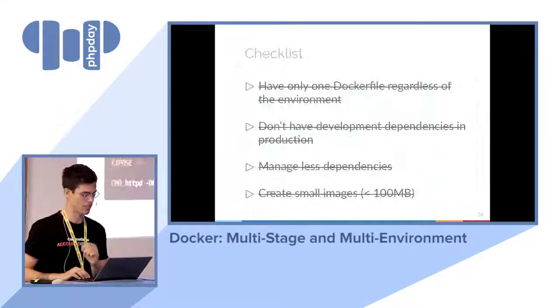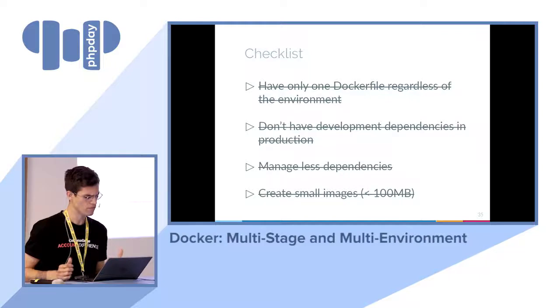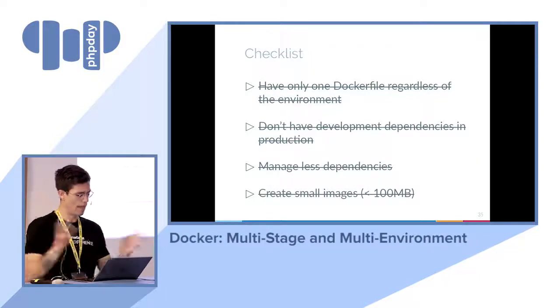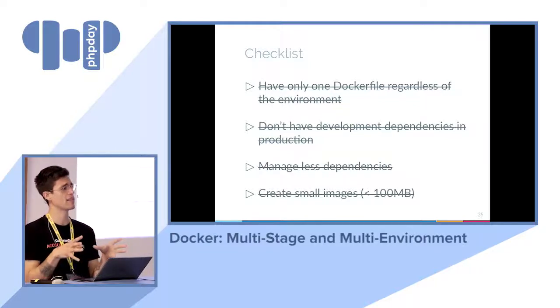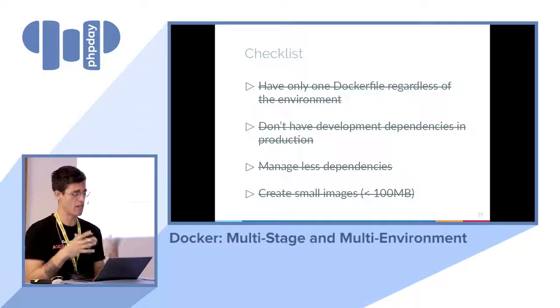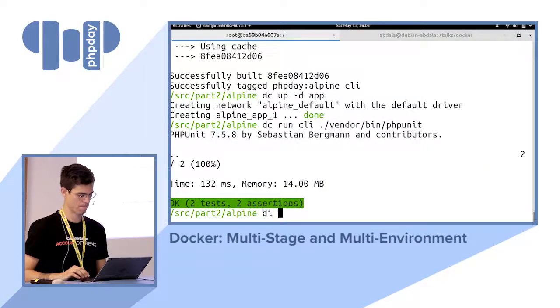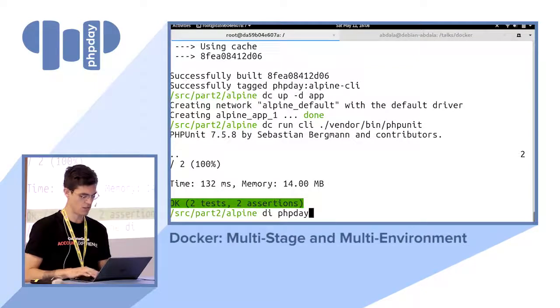And let's check our checklist. Now, my checklist is complete. Like, we are managing fewer dependencies, and all the dependencies are explicit. And we are creating small images. But let's see how small it is. docker images php:8-alpine.